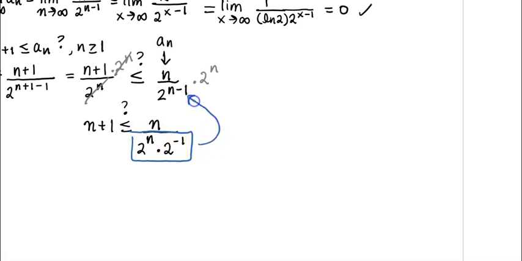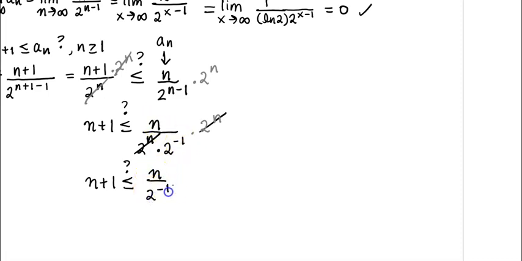And if you add the exponents, you'll get exactly that. So it's okay for us to separate and write it like that. And when we do that, it makes it much clearer what will cancel when we multiply by 2 to the n. So we're left with n plus 1. We're still checking, is that less than or equal to n divided by 2 to the negative 1? Well, 2 to the negative 1 in the denominator, we can move up to the numerator as 2 to the positive 1.